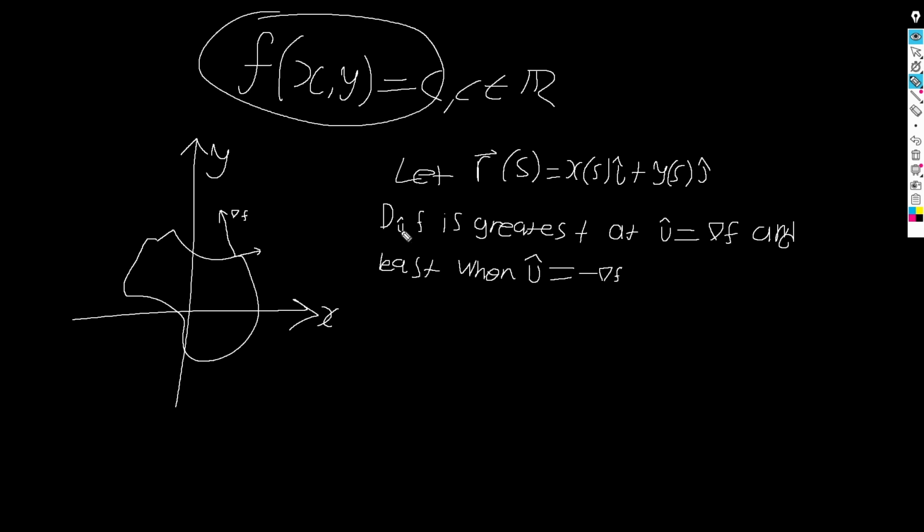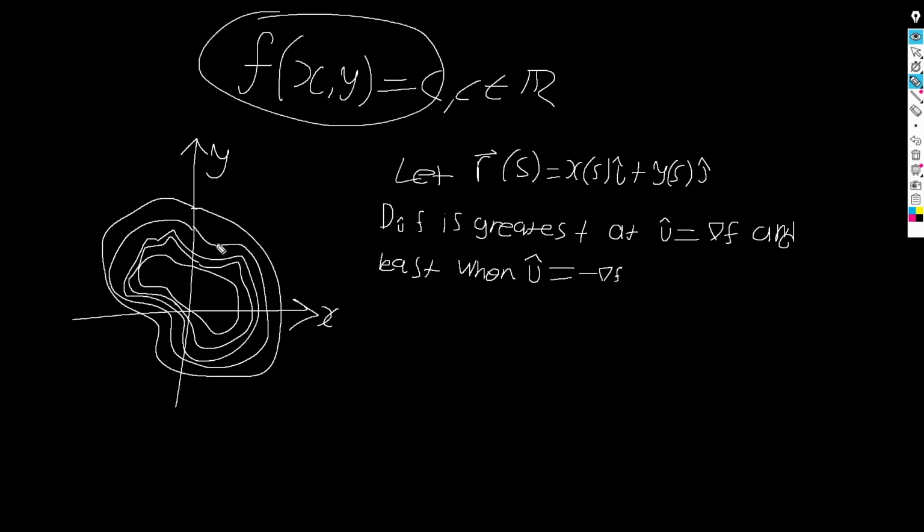Remember when I said the directional derivative is always greatest when the direction is grad f, and least when the direction is minus grad f. So in other words, the function is changing the most when the direction is parallel to grad f. Alright, here I've drawn some more level curves of this function f.